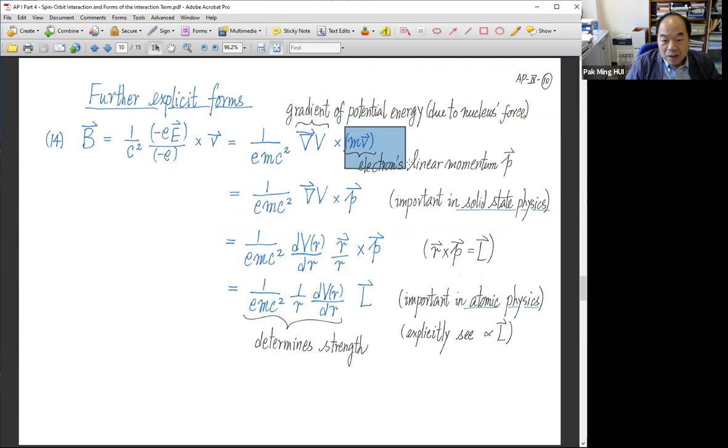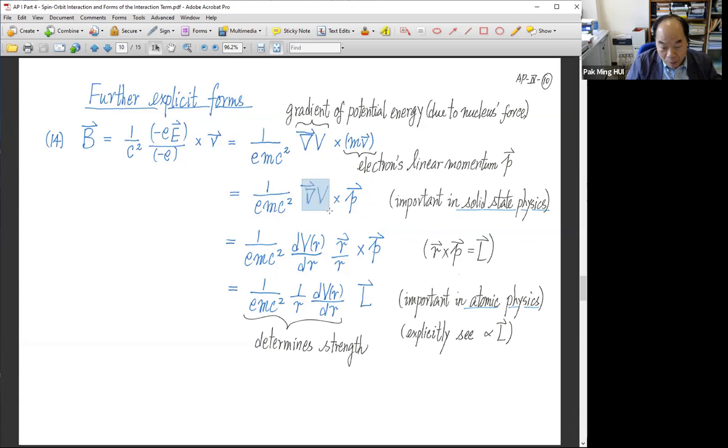So now I have gradient V cross the momentum of the electron. So I find one form that you will see very often in solid state physics when people discuss spin-orbit interaction. You will see a term like gradient V cross P. So this is why it is there, okay? And the prefactor becomes something like that. Everything is still fine. I have been multiplying 1 into it.